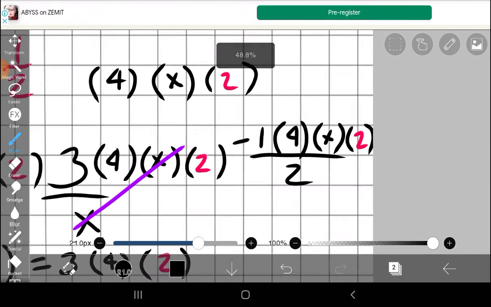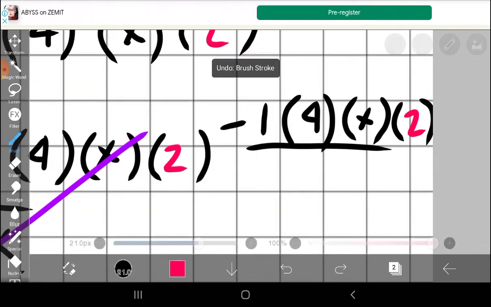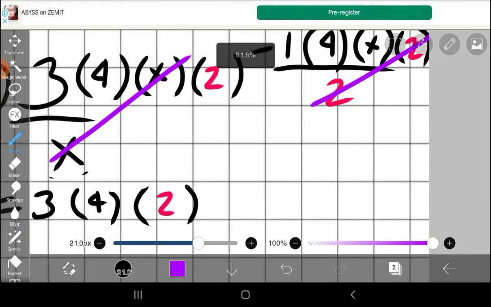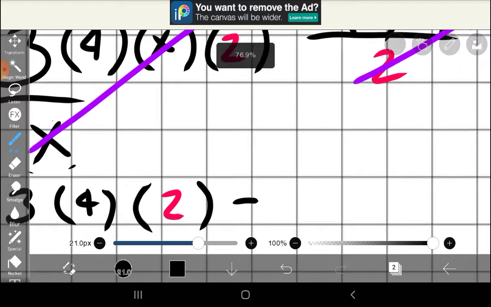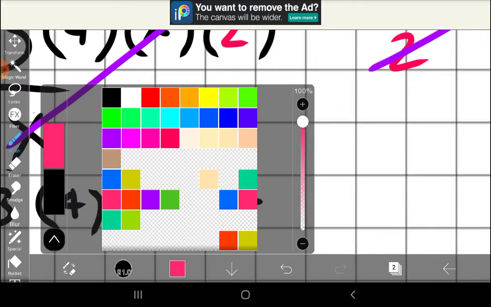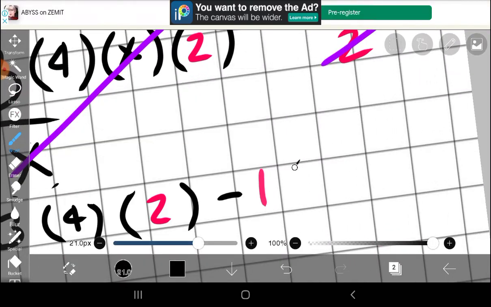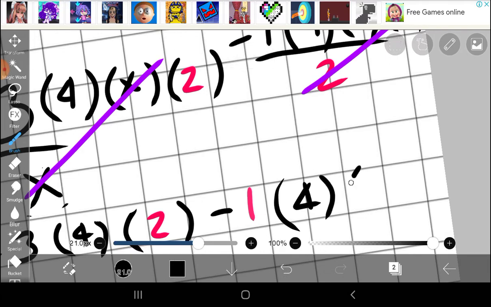It's over 2 because there's a 2 on the bottom. So it will cancel out and be left with negative 1 multiplied by 4 and x.